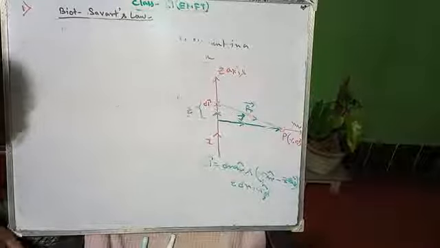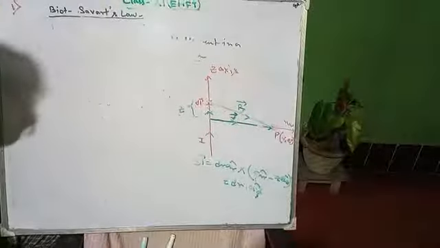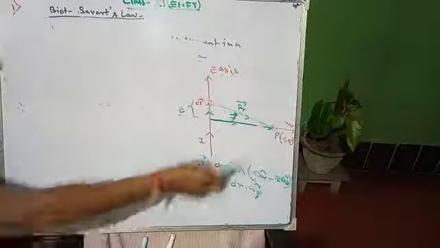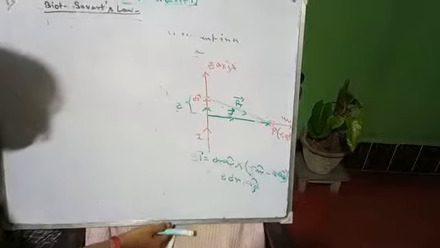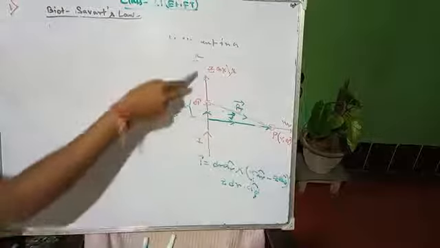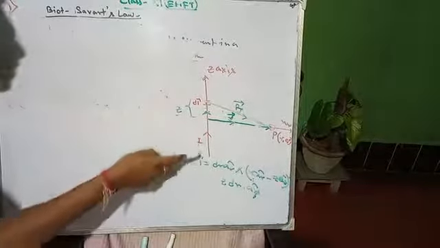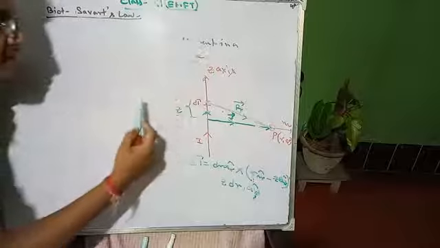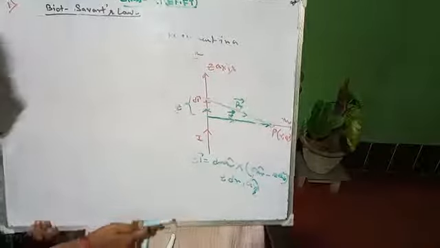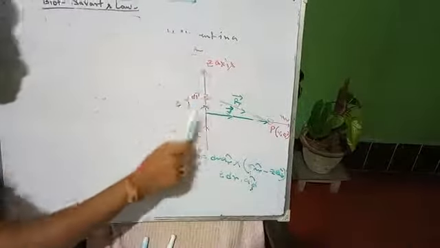So last day I started this topic. This is your drawing. Suppose this is a conductor carrying a current I, and due to this current a magnetic field arises across this conductor.